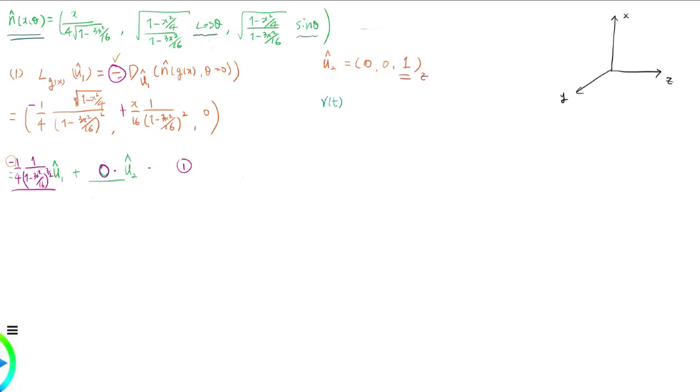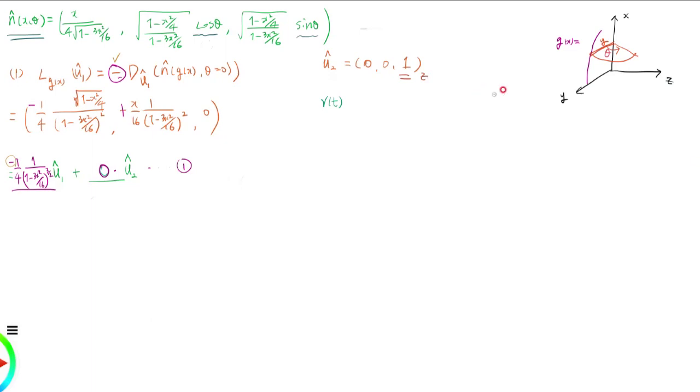So let me remind you, there's a generating function g of x here, and we rotated this generating function along this x-axis. Okay, so this y value will act like a radius of the circle, and this will be our theta.